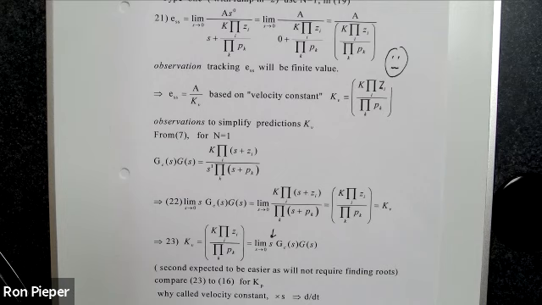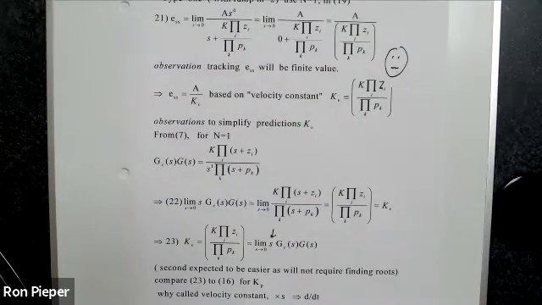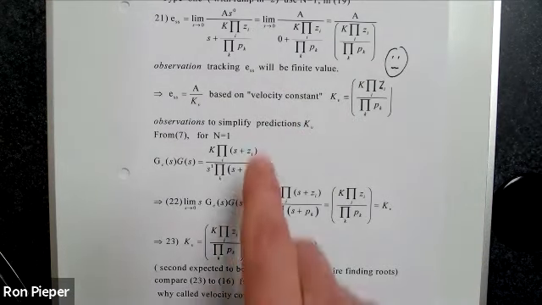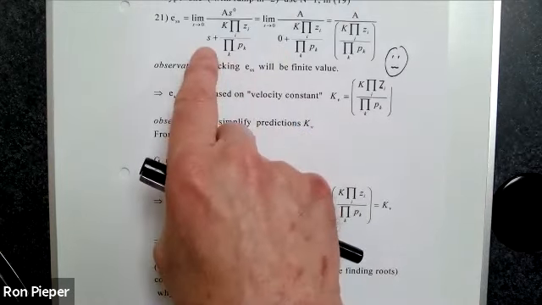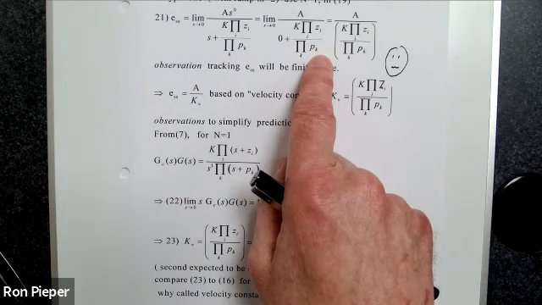Okay, so now again, we need to take the limit that S goes to 0. When we do that, the first term becomes 0, and then we get this other term, which looks like it would be finite.